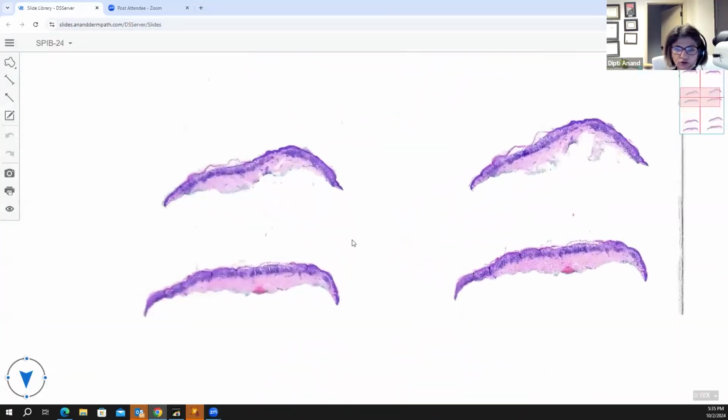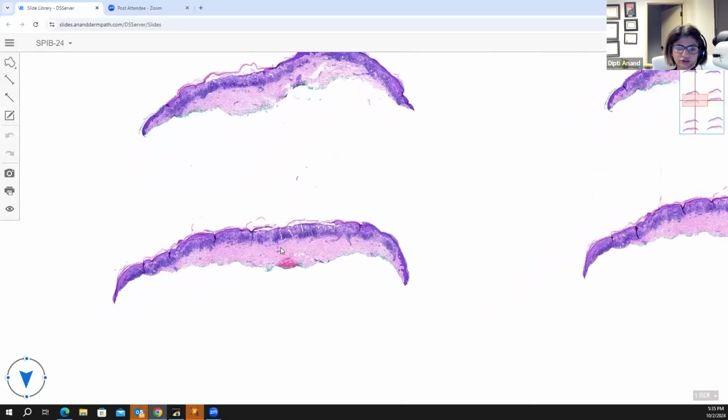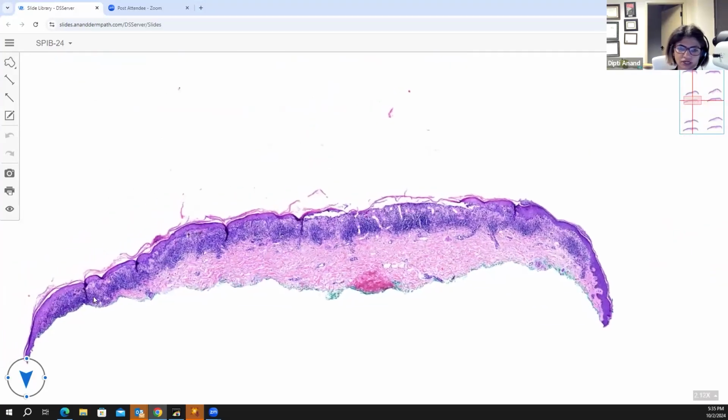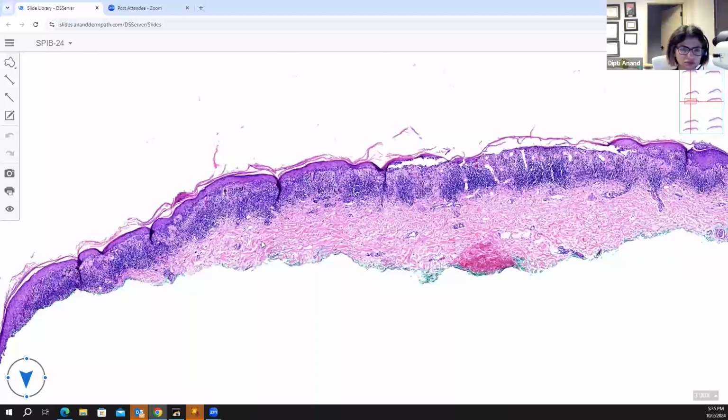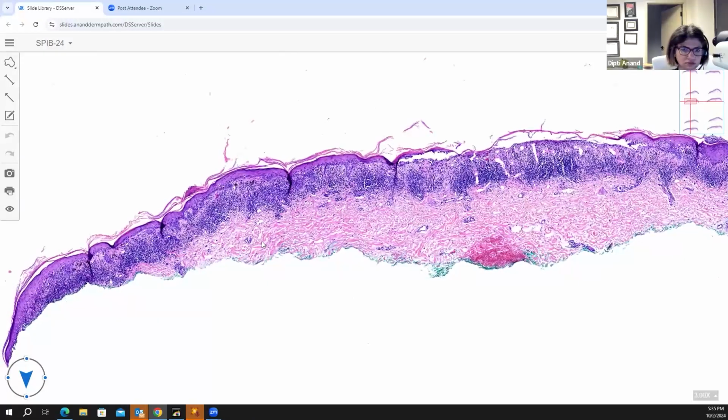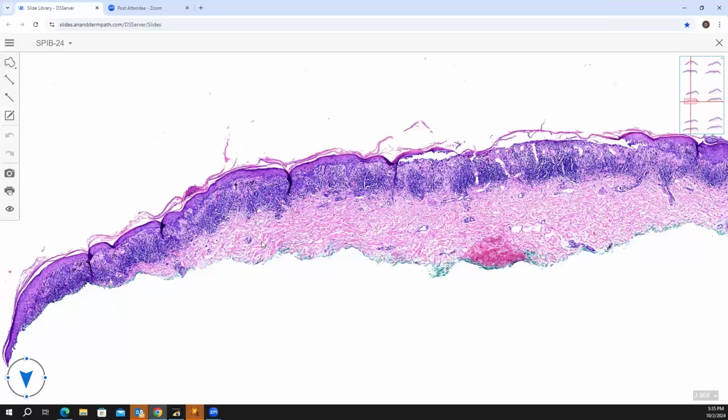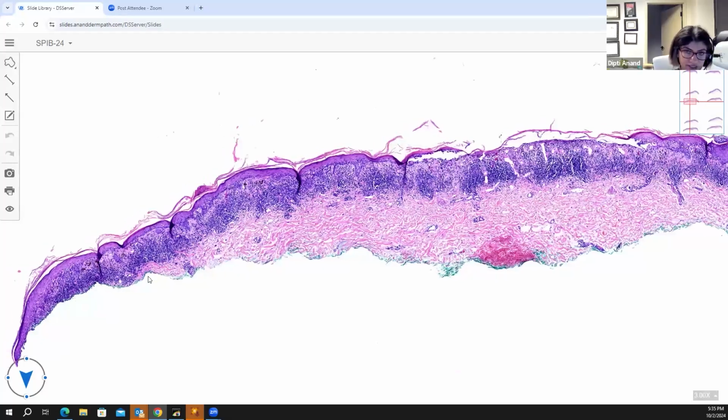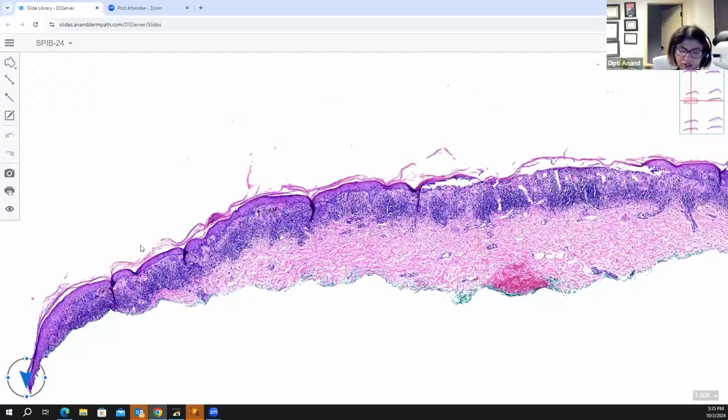This is the 24. Okay, this we went through. So what is the predominant finding in this biopsy? Chronic interface or lichenoid? Lichenoid. You see the band of inflammation?